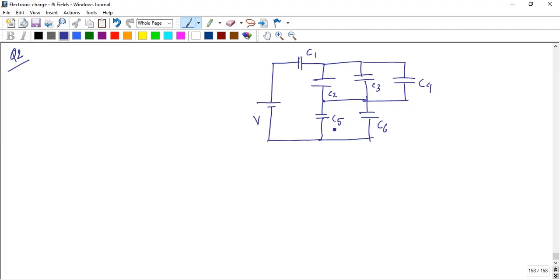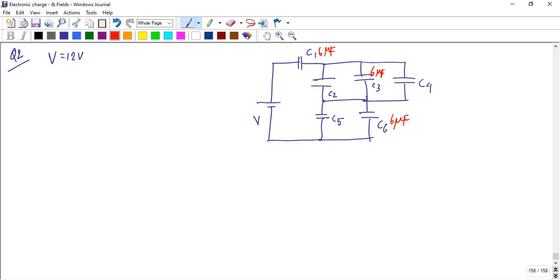So V is given as 12 volt. C1, C3 and C6 are 6 microfarad.